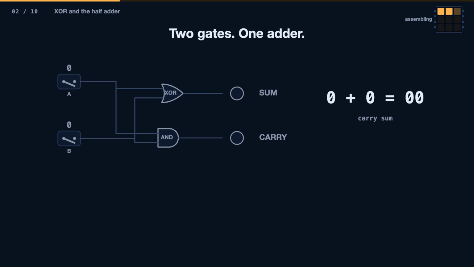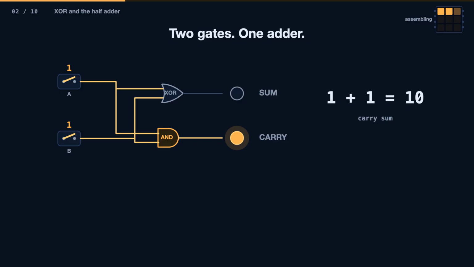XOR is not a fourth kind of thing, by the way. It is 5 of the gates we already have, wired together. So XOR gives the sum.